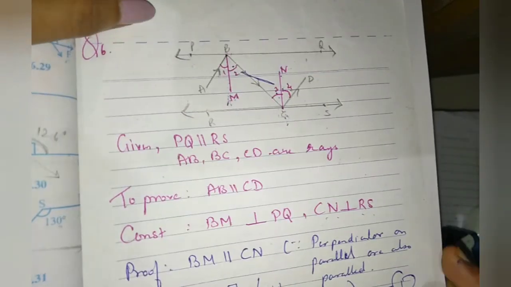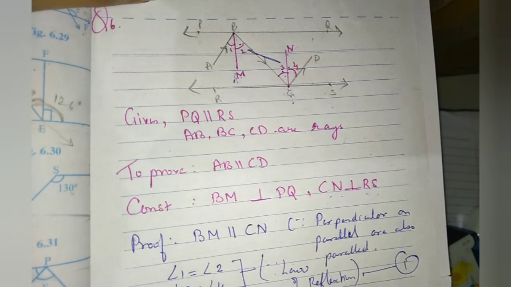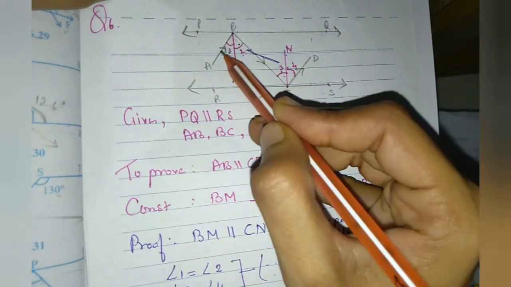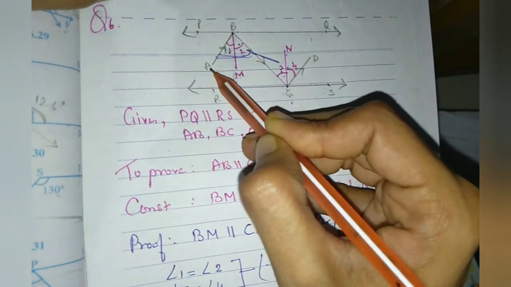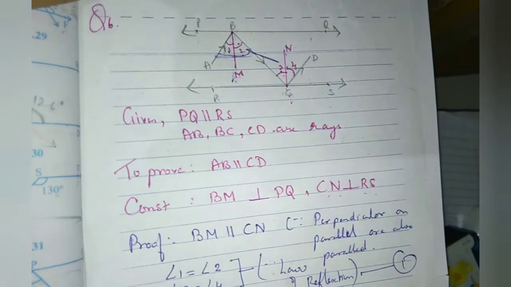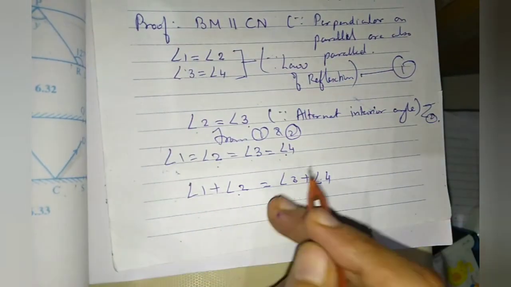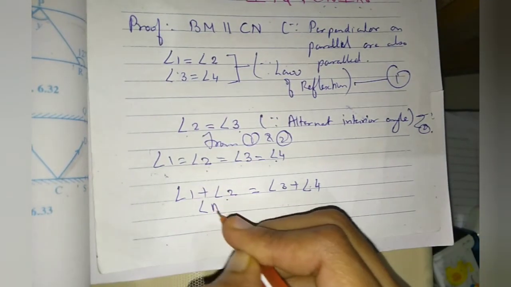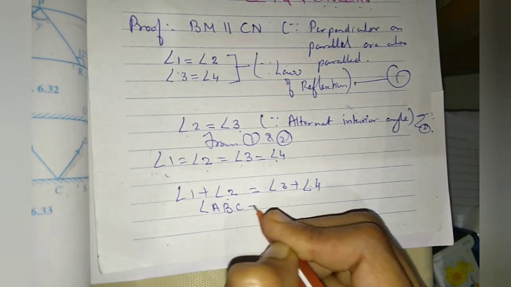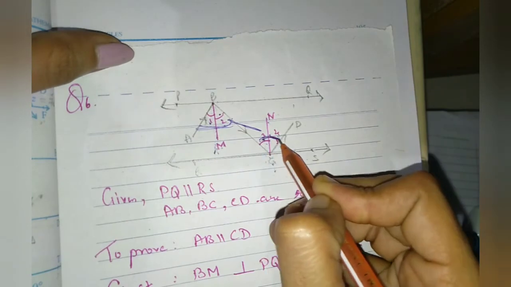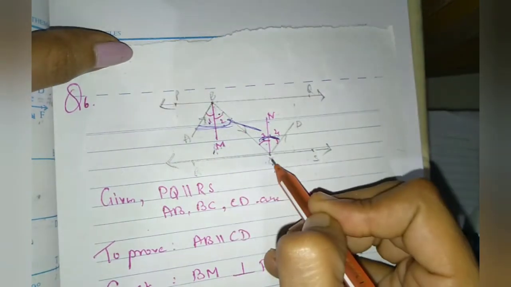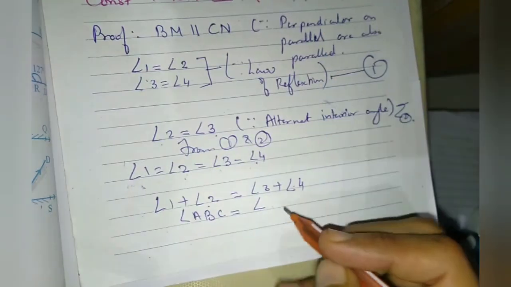Now see in this figure, angle 1 plus 2, the whole angle, is angle ABC. So instead of angle 1 plus 2, I am writing angle ABC, which is equal to the whole angle 3 plus 4, which is angle BCD.